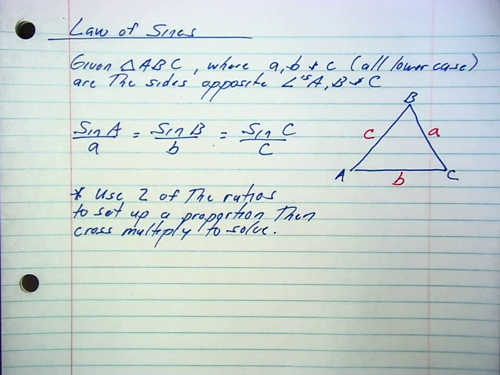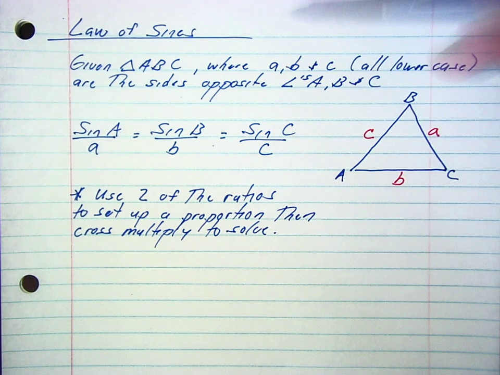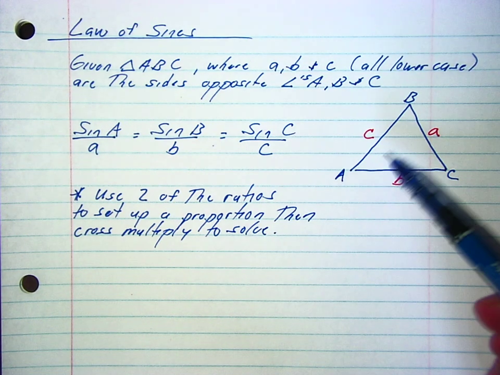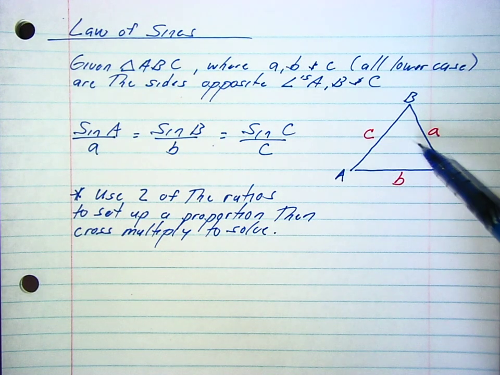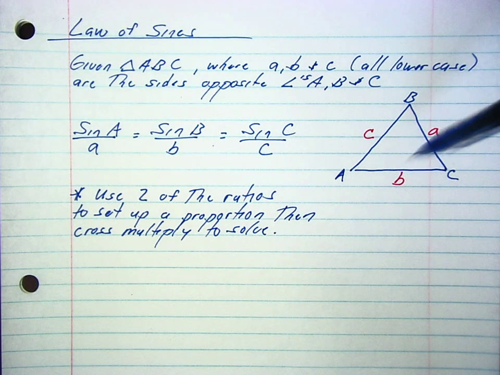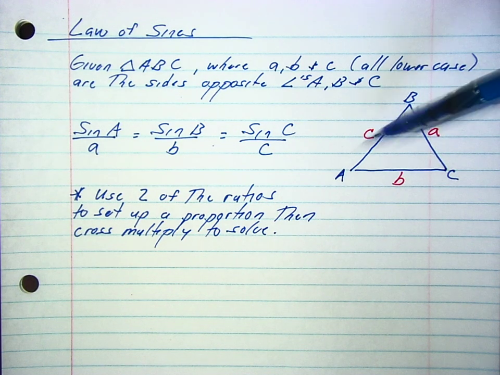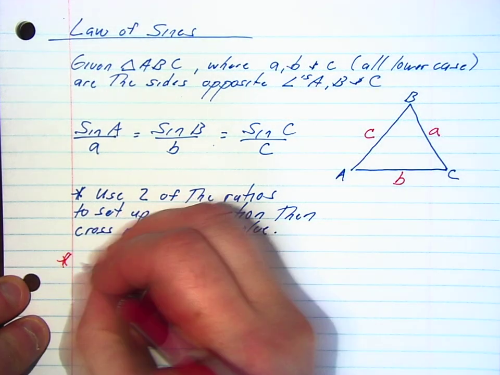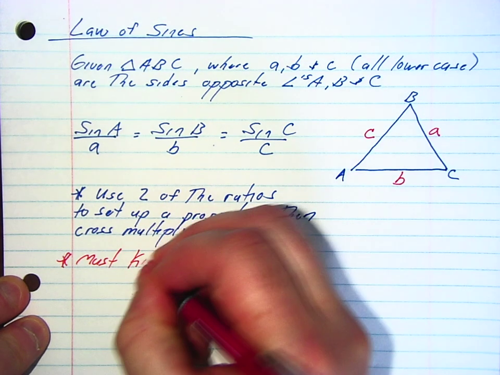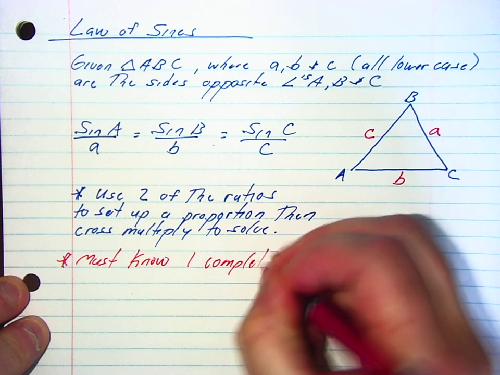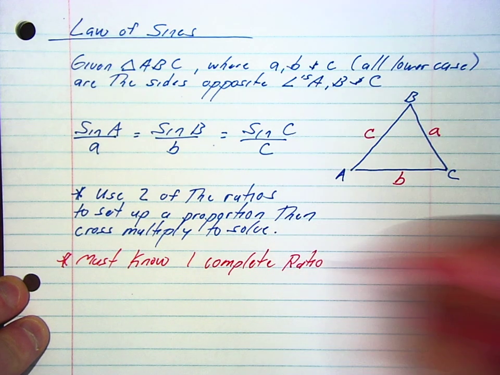Here's the big thing. Like I said, we're going to do the law of sines, and then we're going to do the law of cosines. To use the law of sines, you have to know both of one of the letters. If you don't, then it's going to be a law of cosines problem. So you got to know big A and little a, or big B and little b, or big C and little c. If you don't know that, then you can't use the law of sines. So I'm going to put that here. You must know one complete ratio.